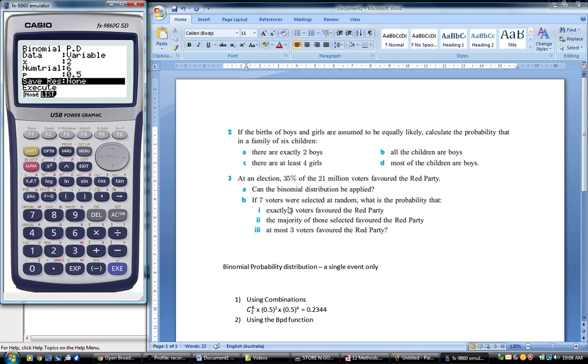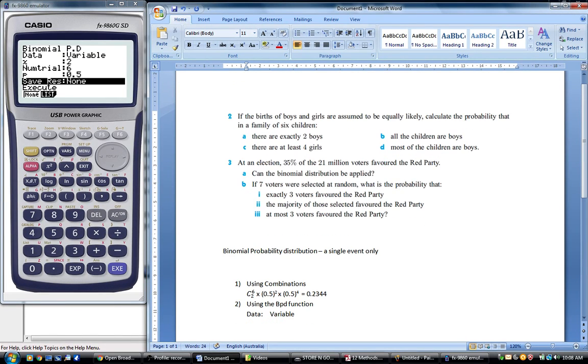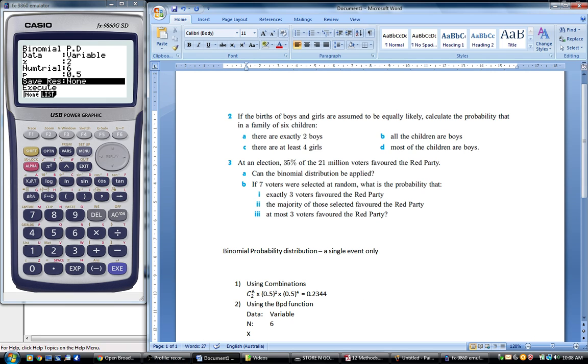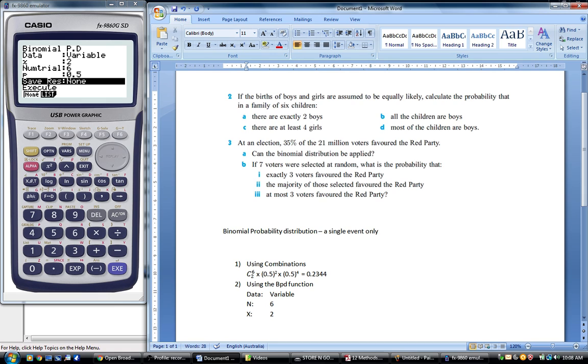So you'll have data, variable, n, number of trials, 6, the number of successes, 2, and the probability.